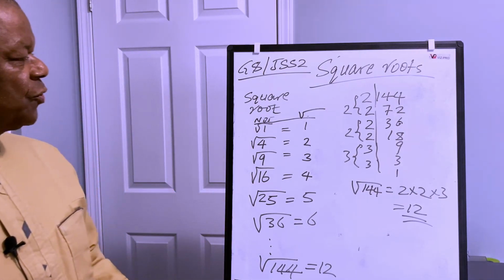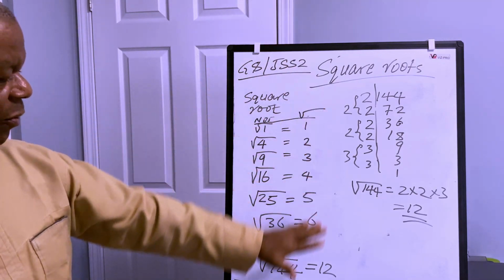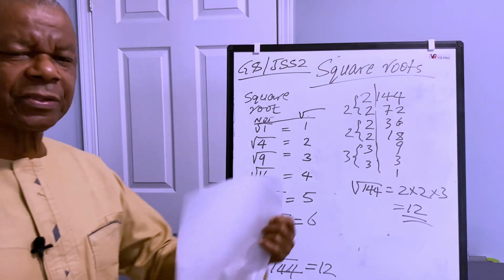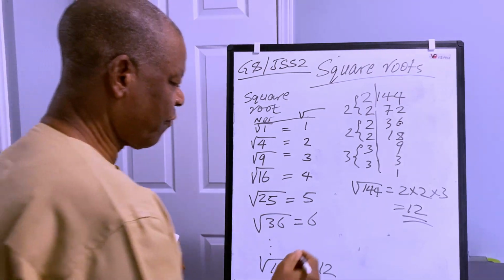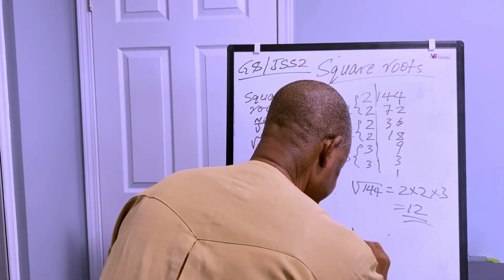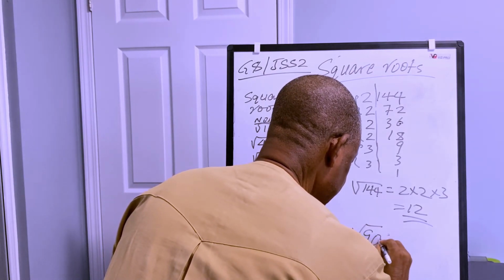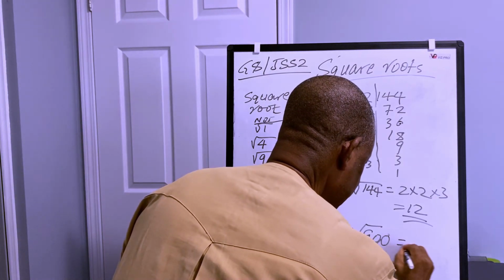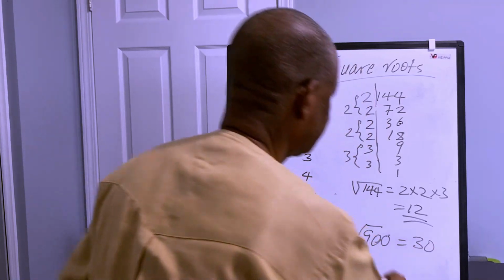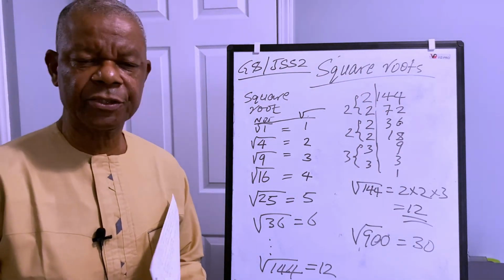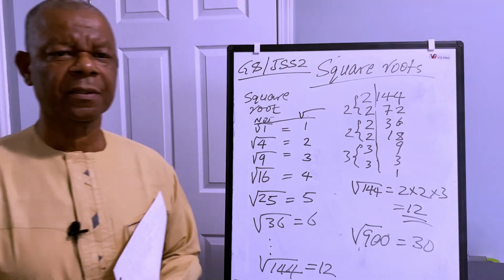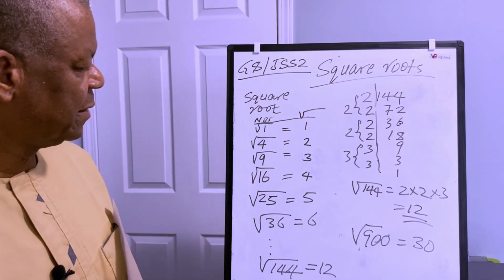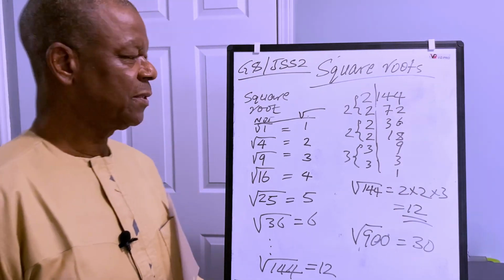I will encourage you to continue this up to the square root of 900. And that will give you 30, using the same method we have used here. And keep away that calculator.